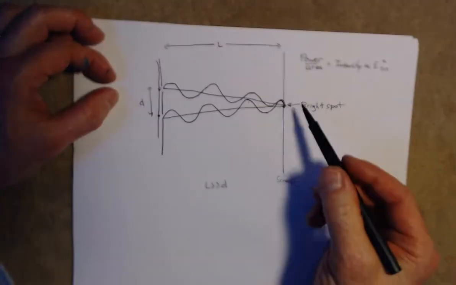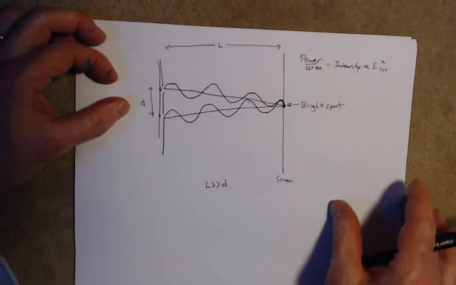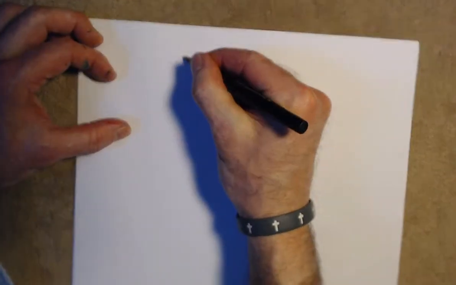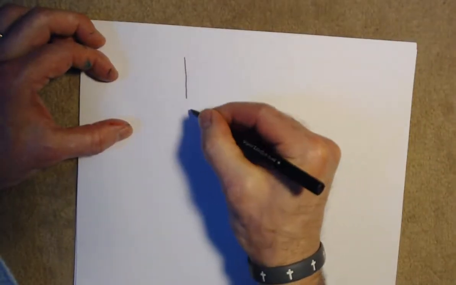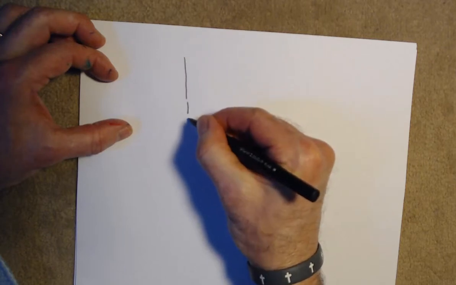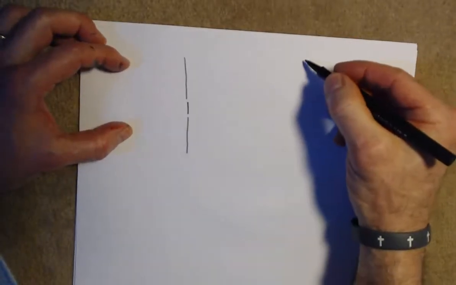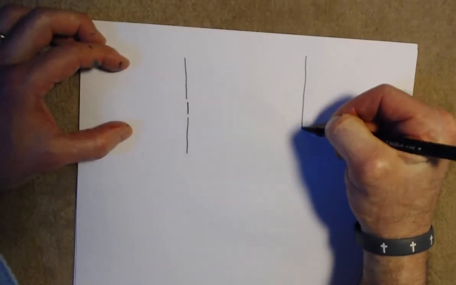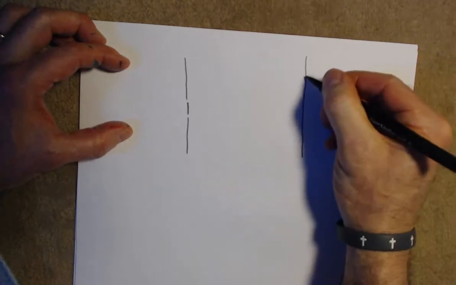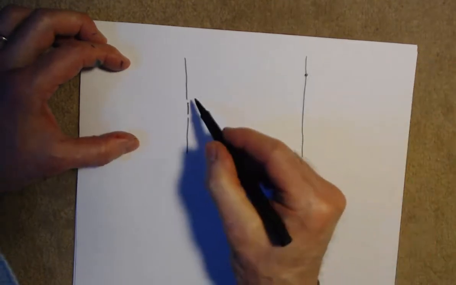Now let's think instead about a point that is off-center. So again, here are our two slits. I'm going to draw it slightly more realistically, so let's have the slits be a little bit closer together. And here is the screen, and let's consider a point that's off-center like this.